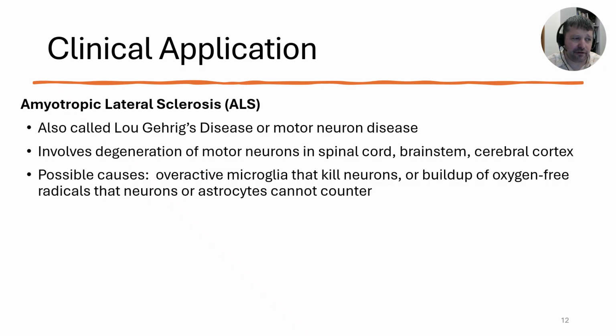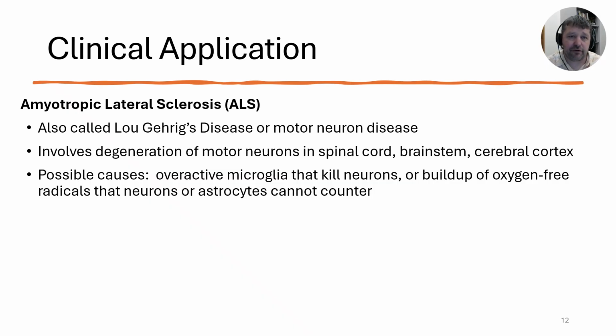So this is a very interesting disease, and we just need to spend a lot more time studying it. We don't know enough about it, but in some cases, we believe that you get overactive microglia, pardon me, that start to kill the neurons.